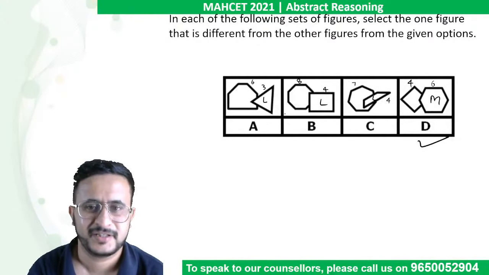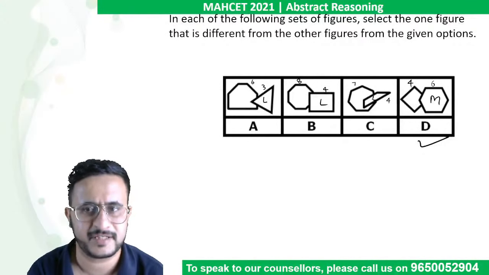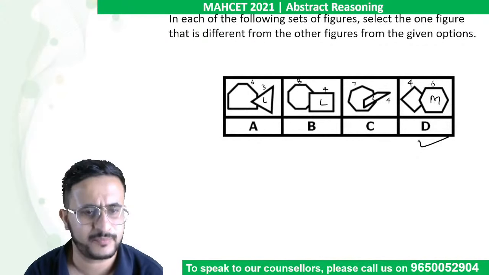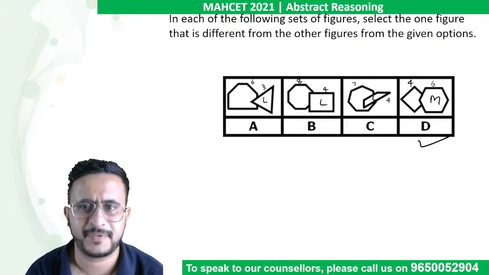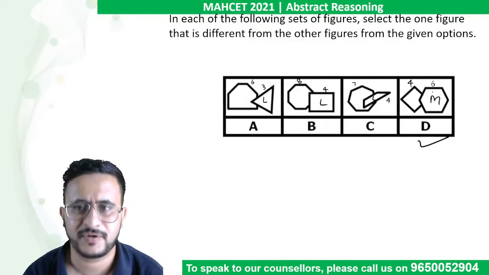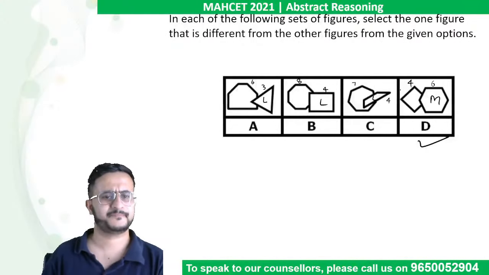Is it clear? देखो जिसमें ज्यादा साइड जो भी ओवरलैप कर रहे हैं, they have a lesser number of sides, right? Not covering corner, nothing like that. This has a lesser number of sides, this has more. So the one which is overlapping has a lesser number of sides in all cases. In this case, the one which is overlapping, coming in front, has more sides. So that is why it is the odd one out.